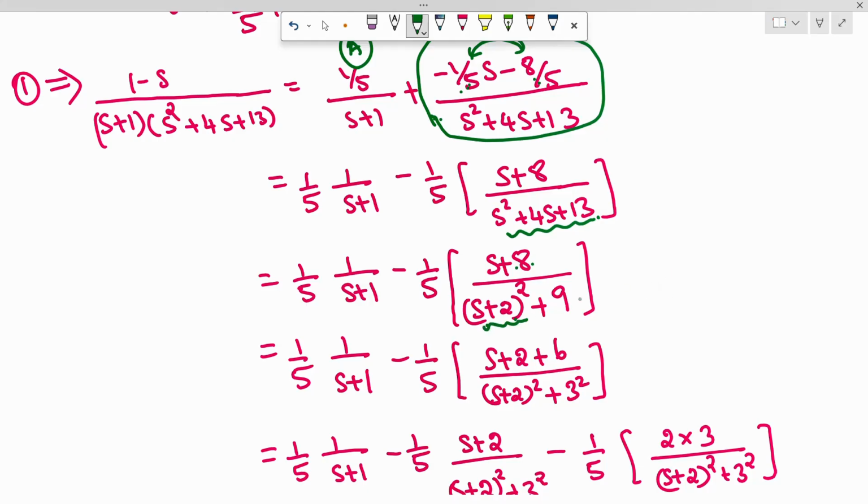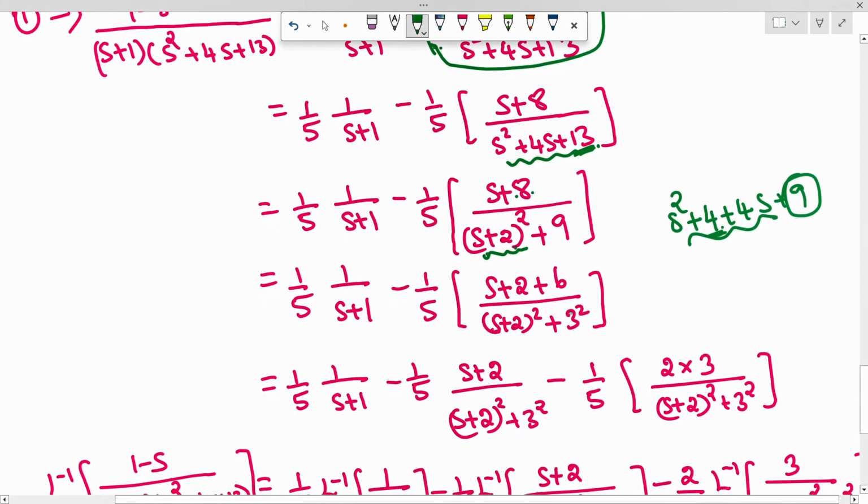If we expand this, a square plus b square plus 2ab, 4s will come. Here 4 is there, but 13 is there, which means we have to add 9. S square plus 4s plus 4 plus 9 can be written as (s plus 2) whole squared plus 9.